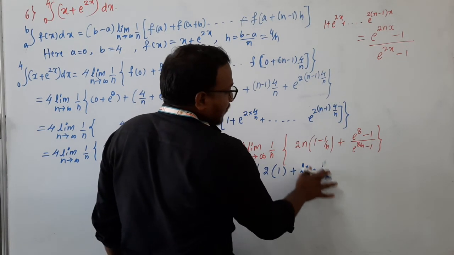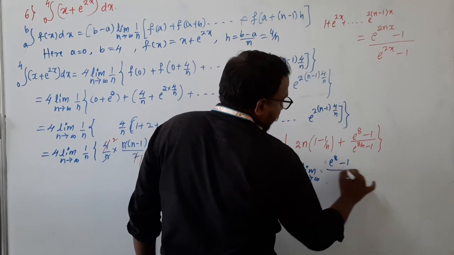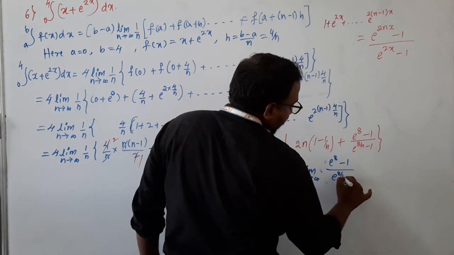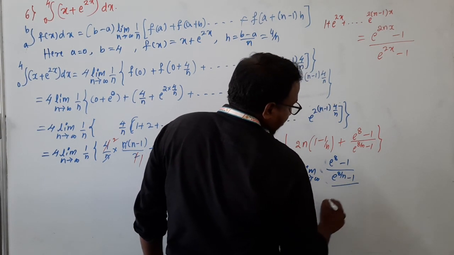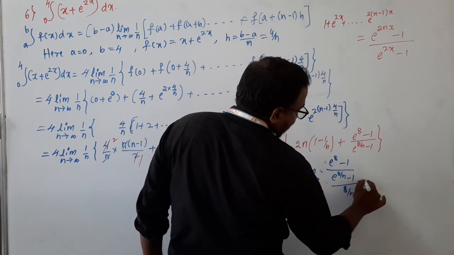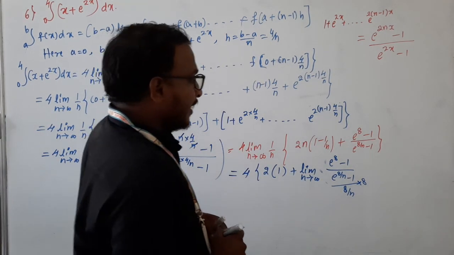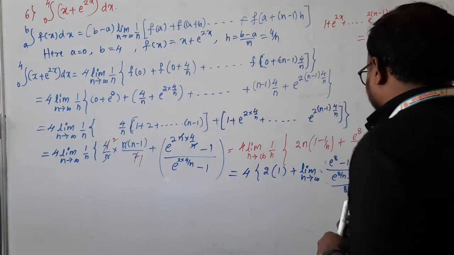So I am multiplying 1 by n. It will become e to the power 8 minus 1 divided by e to the power 8 by n minus 1 divided by 1 by n. So I am multiplying and dividing it, it will become e to the power 8 by n.